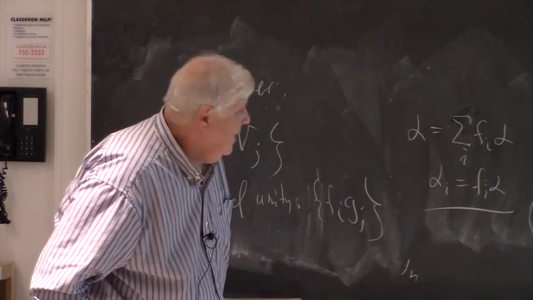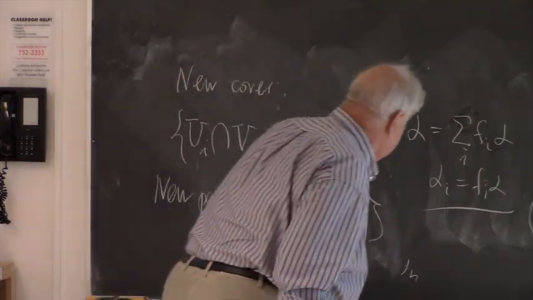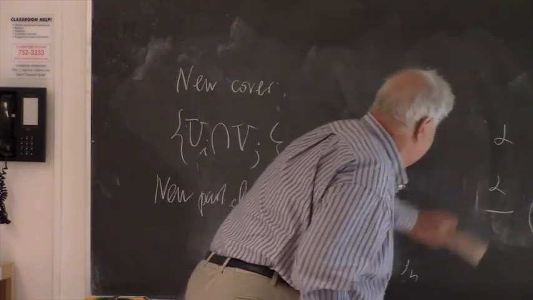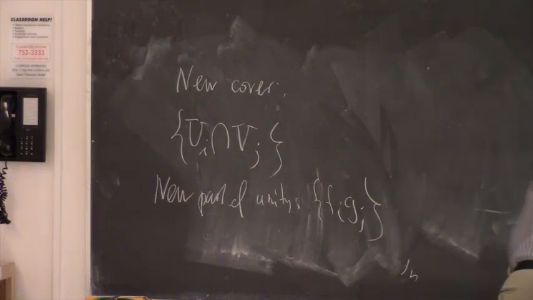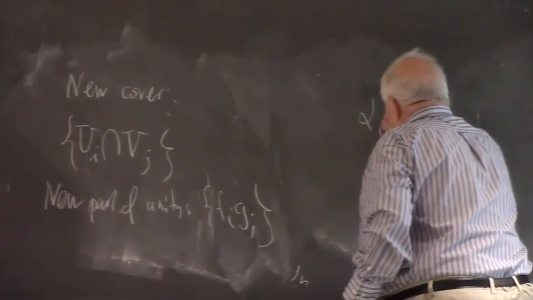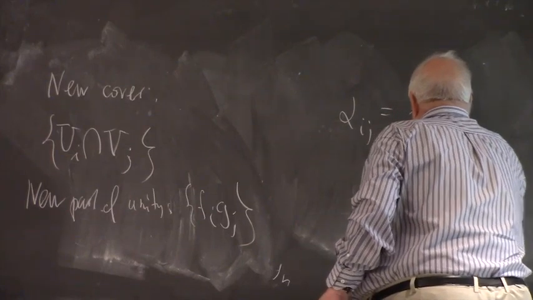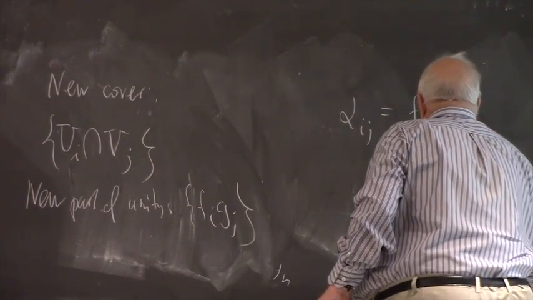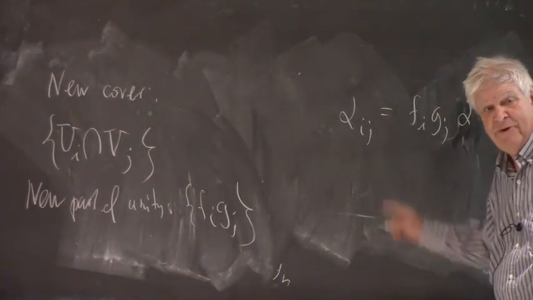Now I probably have to erase it otherwise. We have now alpha ij, which is fi gj alpha. Very interesting.